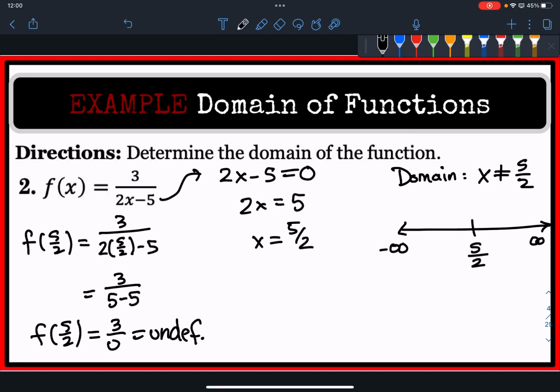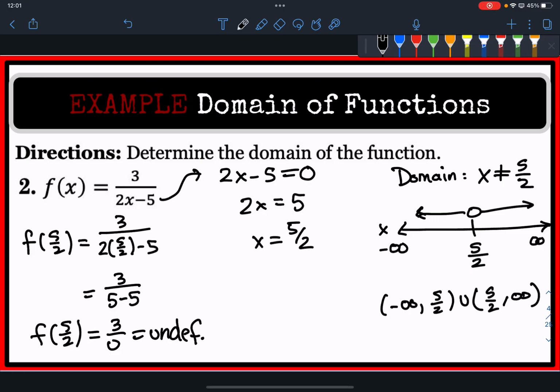I know it's not really in the center, 0's in the center, but we have an open circle at 5 over 2, and we're jumping on our x number line all of the values of x. So x could equal anything except for 5 over 2. And that's what this looks like visually as a number line. As an interval, which is how I expect you to write today's domain, my answer will be written like this. So this is how we indicate that x is not equal to 5 over 2 as an interval.